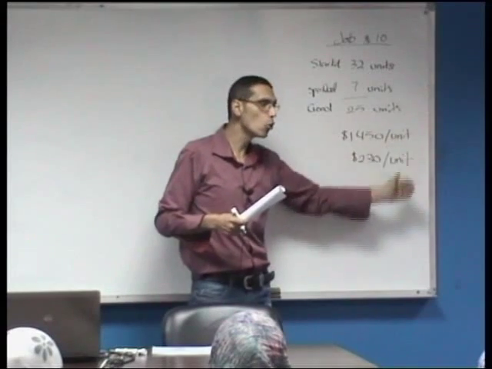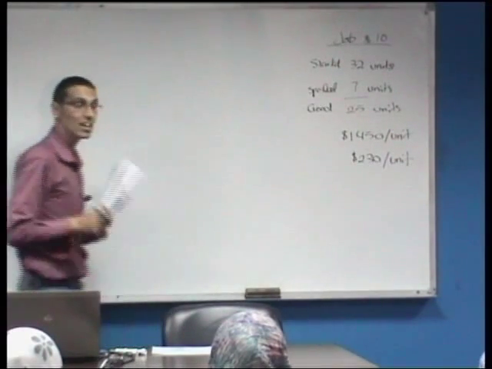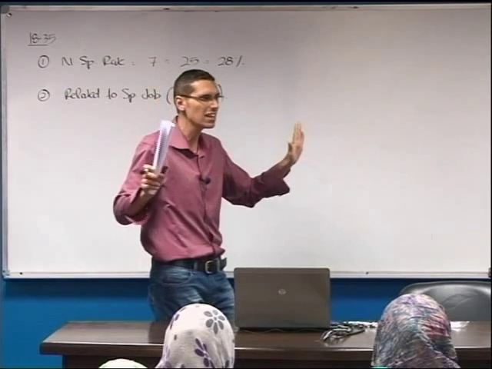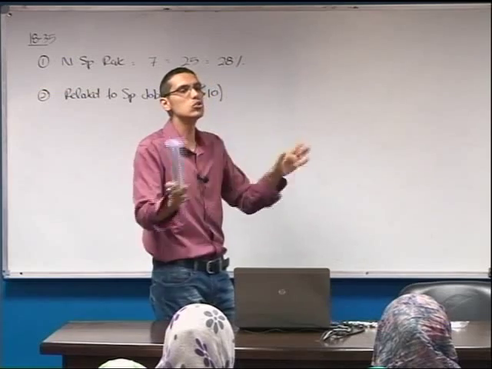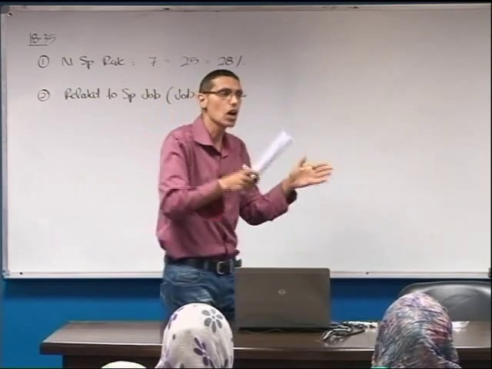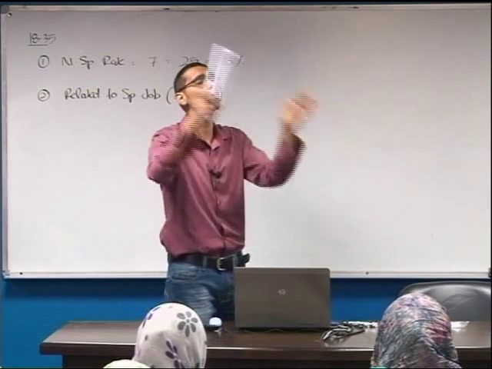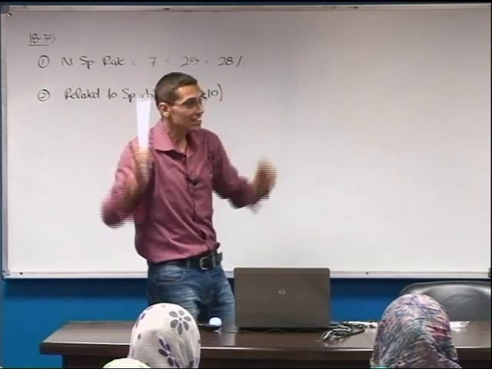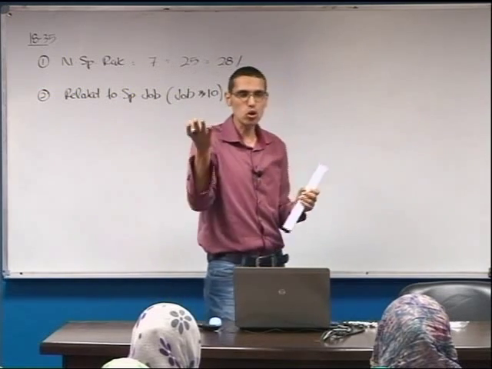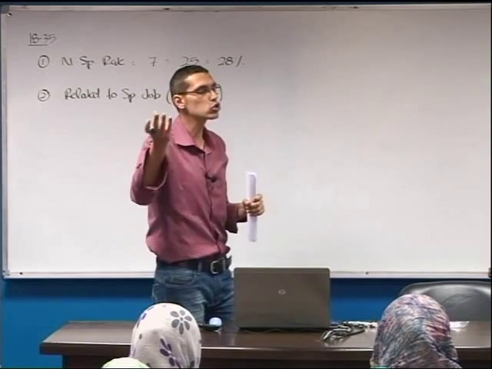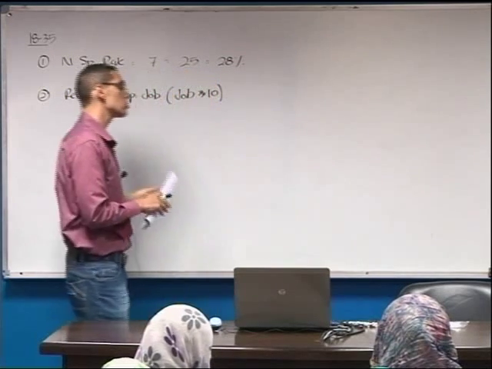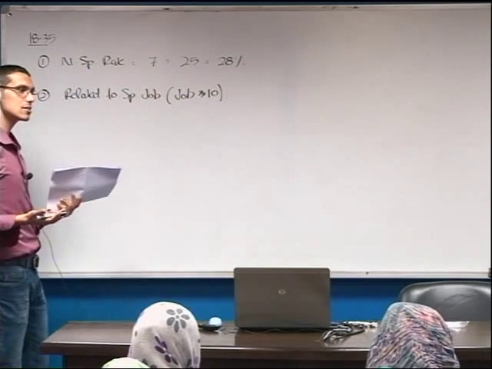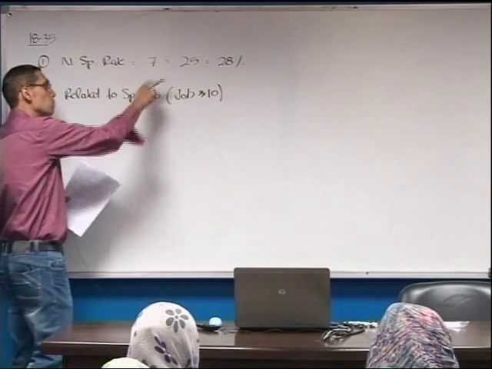If we do not have any disposal value, make sure that you understand this point, we would do nothing, because the costs are already incurred and already loaded onto this specific job. But here, because we have a disposal value, these costs should be deducted. Therefore, we need to decrease the cost within the work in process account specific to job number 10.